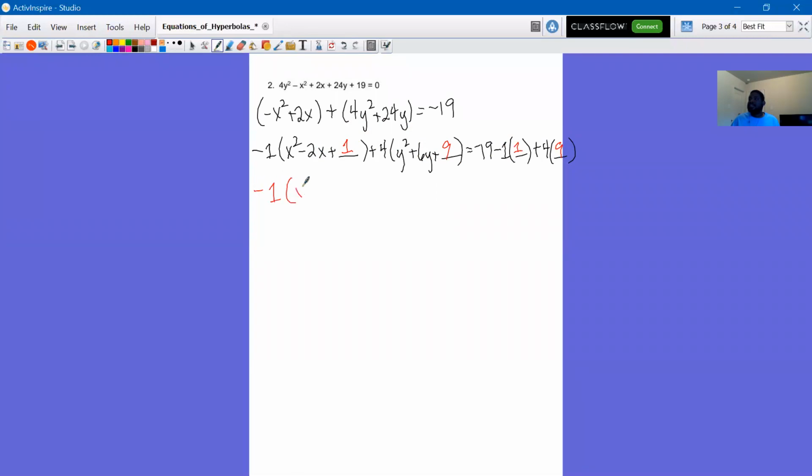So -1 times x plus 1 squared plus 4 times y plus 3 squared equals. And what we want to do is simplify that. So we got -19 minus 1 plus 36. And that's 16. Then after that, we want to divide by 16 because we need the right-hand side of the equation to be 1.